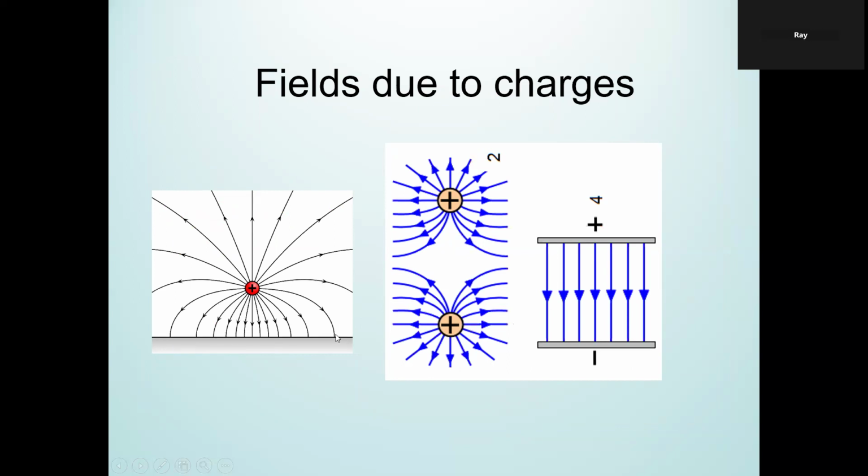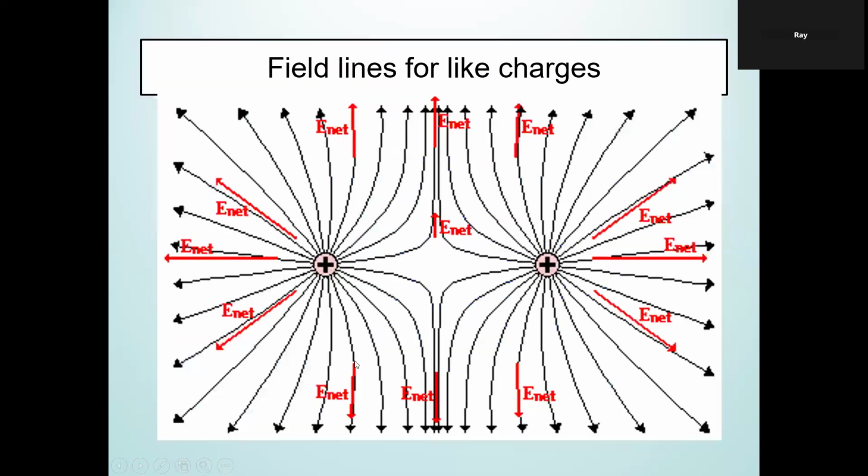There's your Earth there, and this is a parallel plate conductor, which you'll study in a while. These are field lines due to positive charges; the lines feel like they are repelling each other.